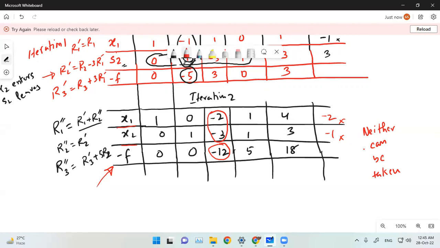So this is an unbounded scenario. We have to conclude that this particular problem doesn't have a specific minimum, so it will keep going to negative values with more iterations. So there is no point in continuing. We just conclude that the problem has an unbounded solution.